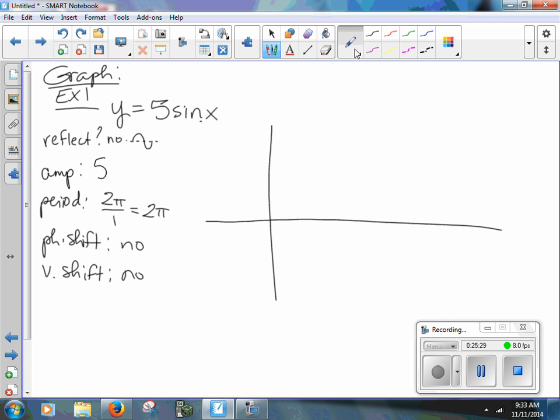Just because, if I had a colored pencil, I would use a colored pencil, but since I have a highlighter up here, I always highlight the oscillation line. I know that this curve is going to start and end on the oscillation line. It's going to go up how many units from the oscillation line? 5.